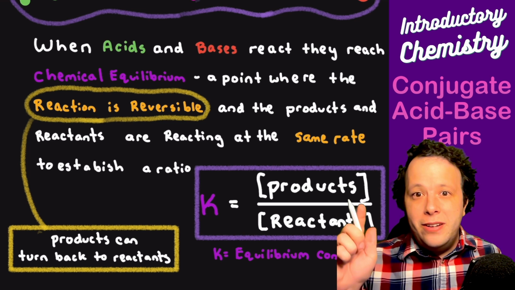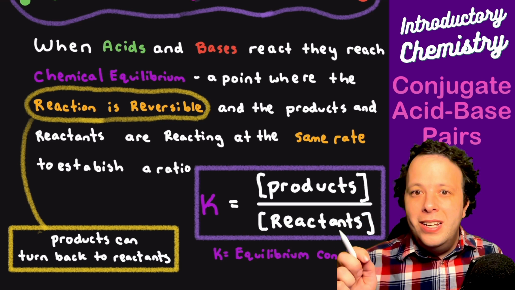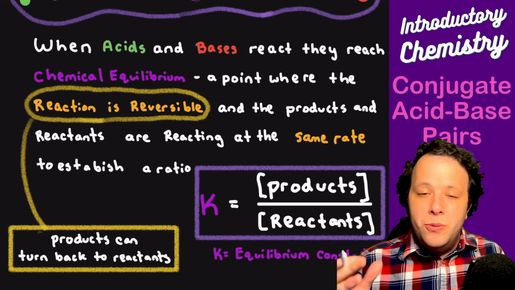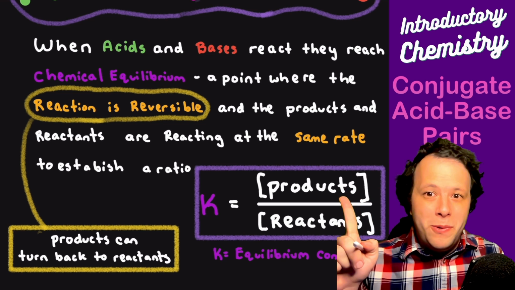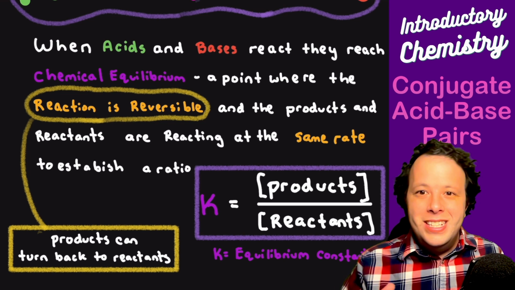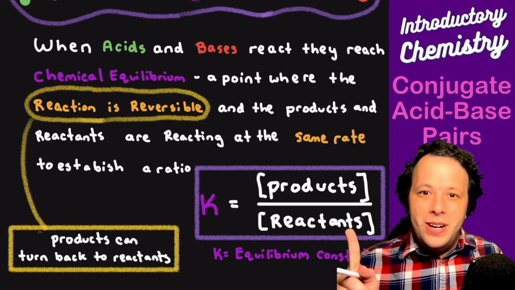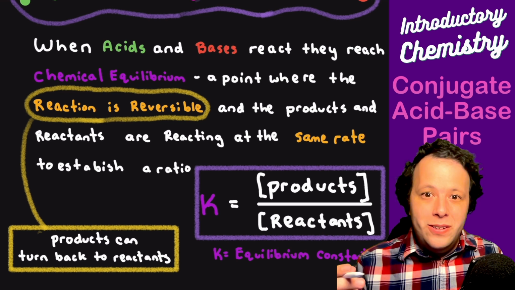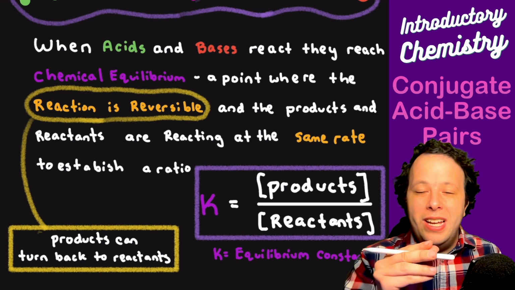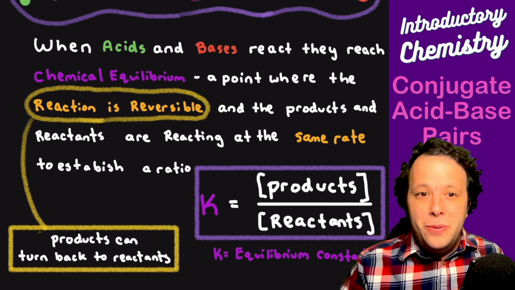So it's the molarity of the products on top and the molarity of the reactants on the bottom. And it's a ratio. What it tells you is that if there are more products, then the reaction is going to have a big K value and go forward. And if there are more reactants, it's going to be a small K value, meaning the reaction is going to go backwards as a result. So which way is that reaction going to go?